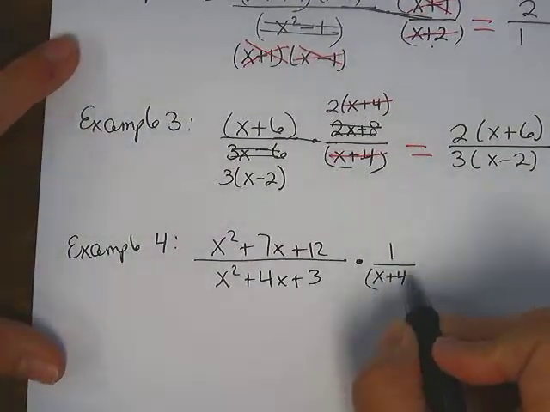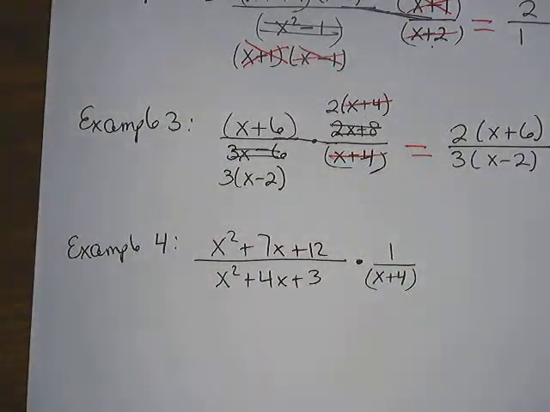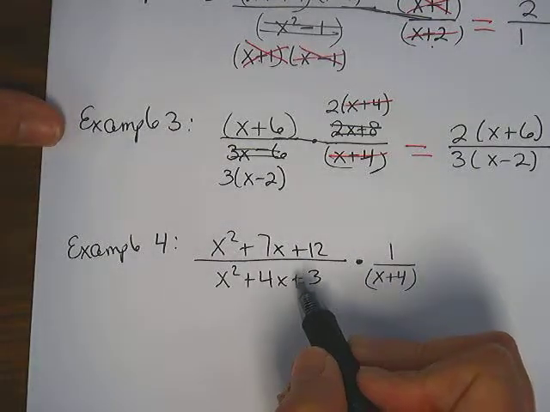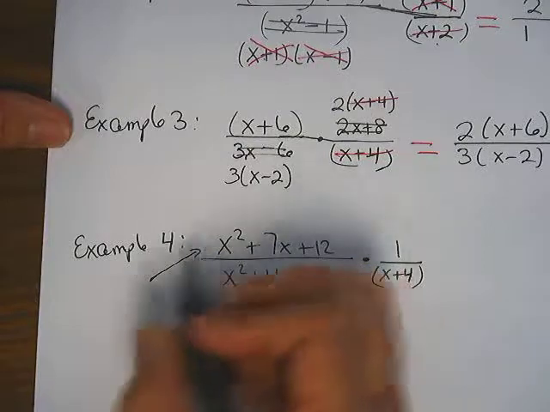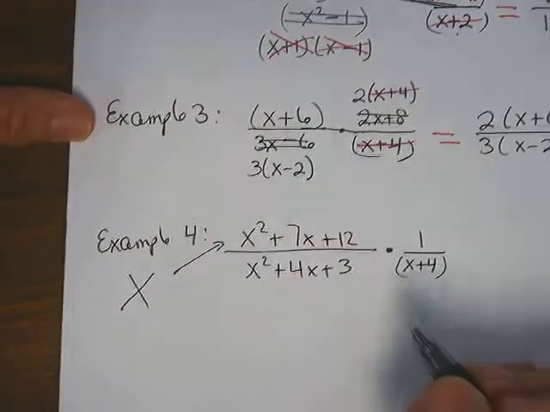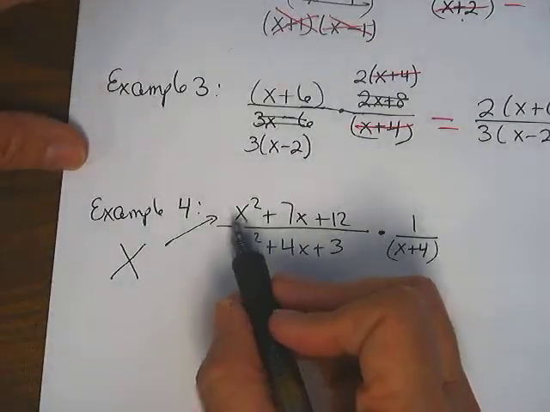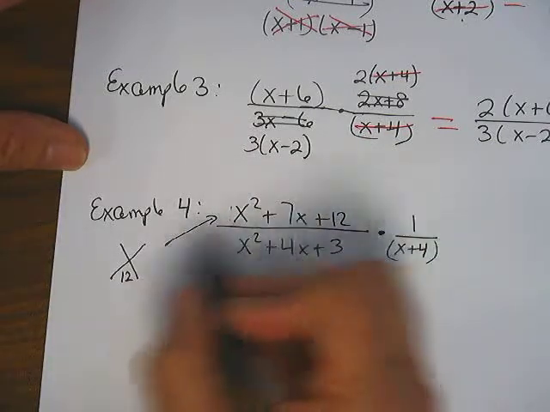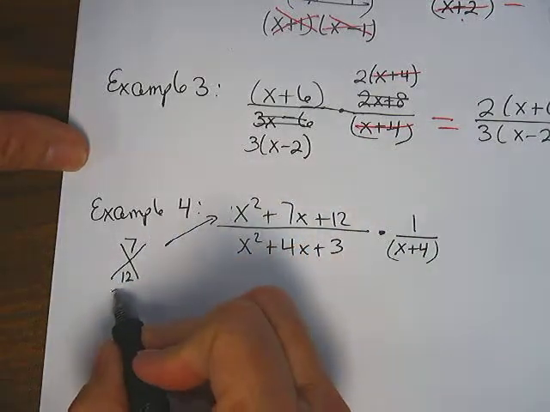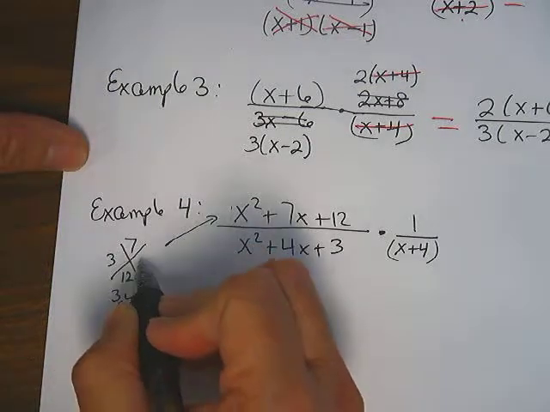Okay, I'm going to put parentheses around the x plus 4, but I need to factor these guys. So for this one, the numerator, I need to do that x factor. I need things that multiply to give me 1 times 12, so 12, and add to 7. Okay, 3 and 4 will meet that.